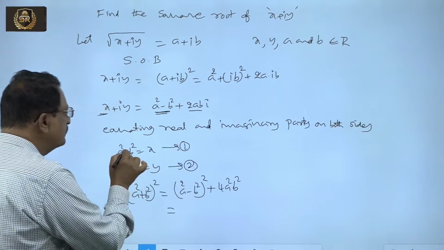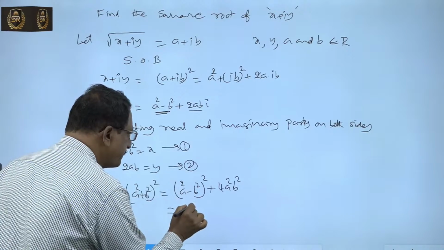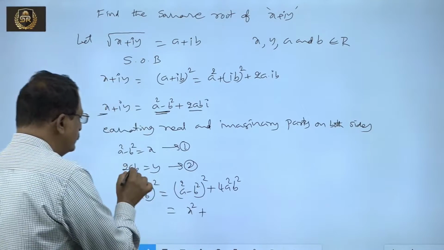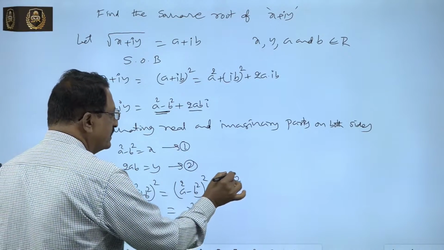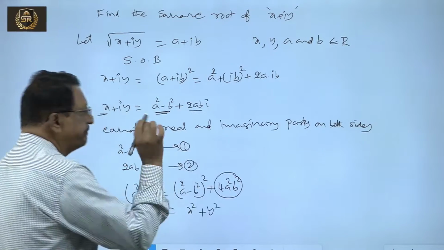But a squared minus b squared equals x, so x squared plus 4a squared b squared, which is nothing but (2ab) whole squared, plus y squared.